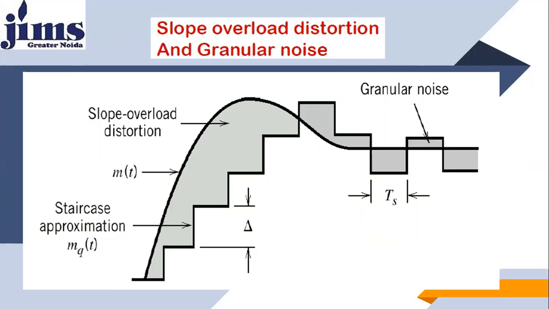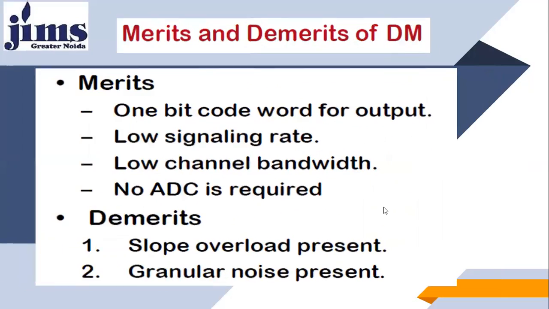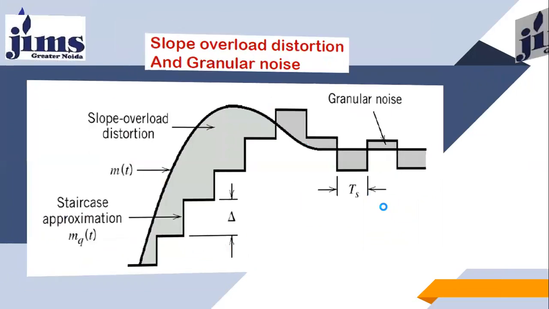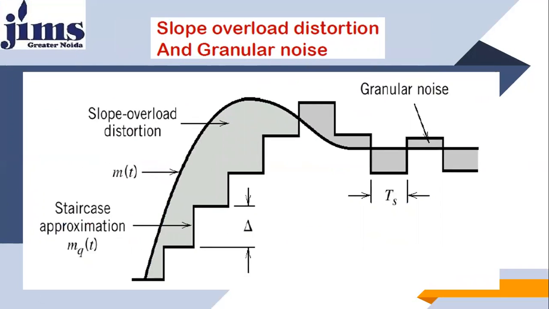Again there is a difference between the staircase and the message signal, and that creates a noise, and that is granular noise. So it is clear that when the slope of the analog signal is higher than the staircase signal, slope overload distortion comes, and when the slope of the staircase signal is higher as compared to the message signal, granular noise comes.